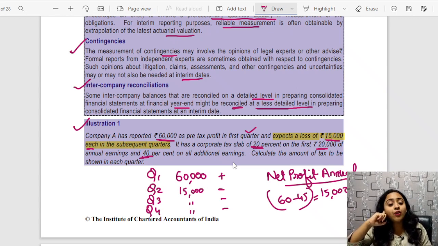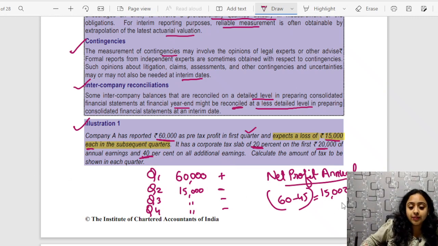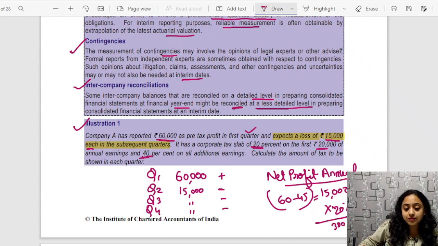Now you have to use the estimated average annual effective rate. Here you will learn this, so please carefully see how it is calculated. Now you have 15,000 income. The tax will be, on the first 20,000, 20%. So the tax for the annual year will be 20% on such 15,000, which is rupees 3,000.